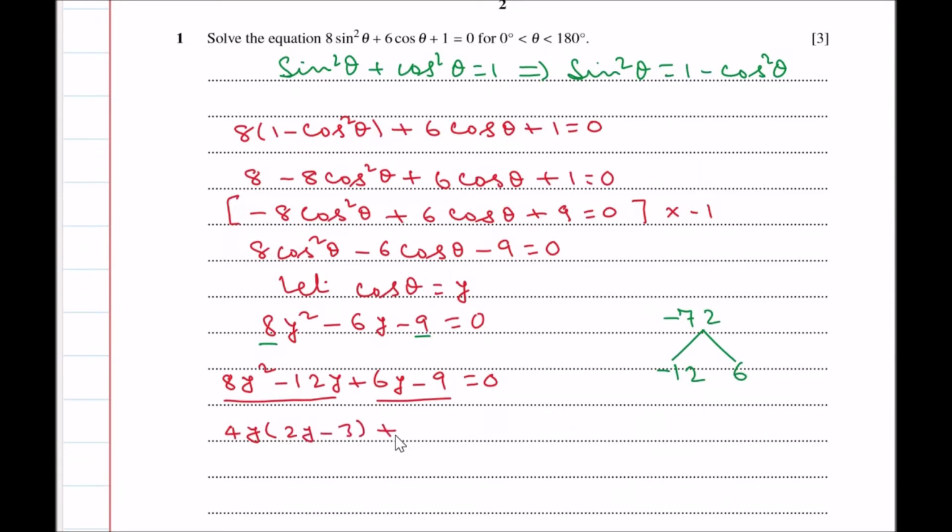And in the second group we have 3 as common factor, so 3 times 2y minus 3, equal to 0. So 4y plus 3 into 2y minus 3 equal to 0.